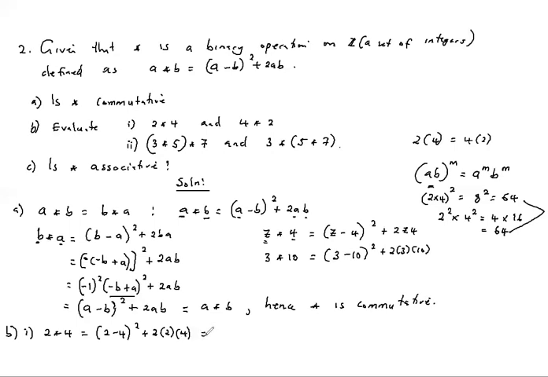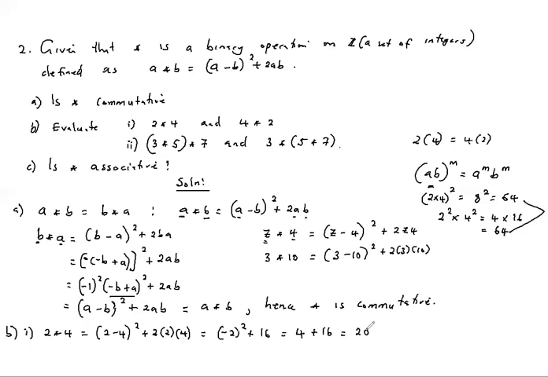So 2 minus 4, we have negative 2. Negative 2 squared plus 2 times 2, 4; 4 times 4, 16. So negative 2 squared is giving us 4, right? Yes. Which is equal to 20.